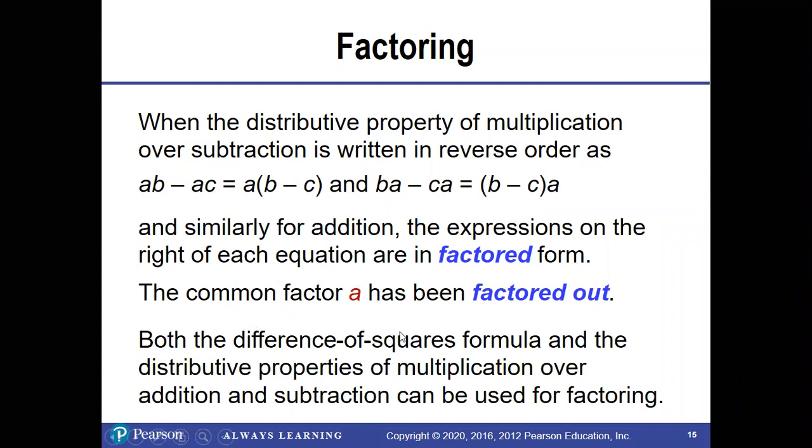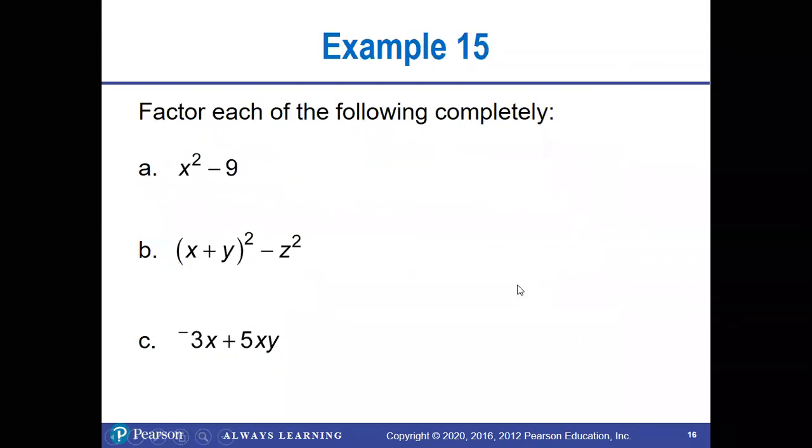Okay, both the difference of squares formula and the distributive property of multiplication can use factoring. Okay, so they do want you to know how to do a few factoring. So how do I factor difference of squares? Well, how do I know it's difference of squares? Perfect square, perfect square. Since x squared and 3 squared are perfect squares, I get x and x, 3 and 3, one positive, one negative.